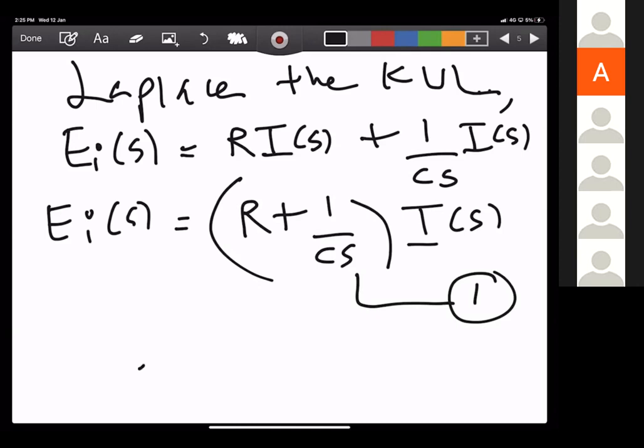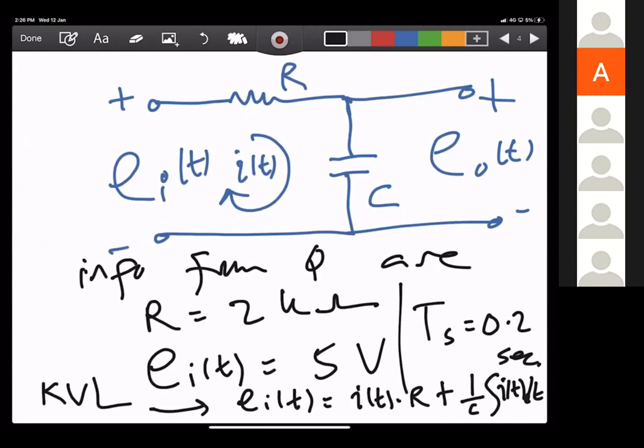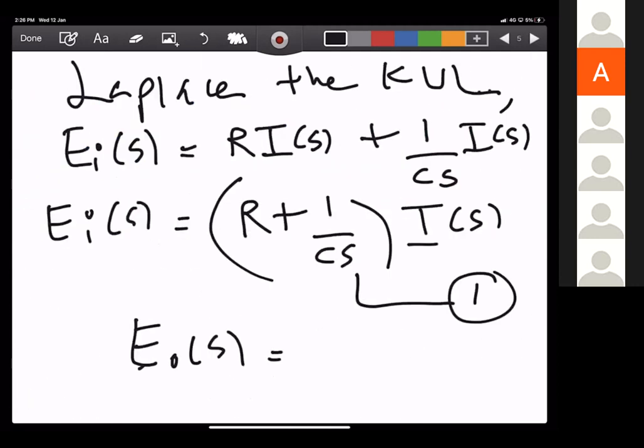E not equal to what from the question earlier? E not equal to 1/CS. No, it's IS.